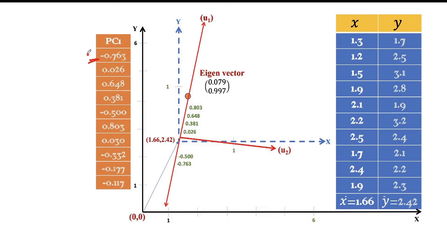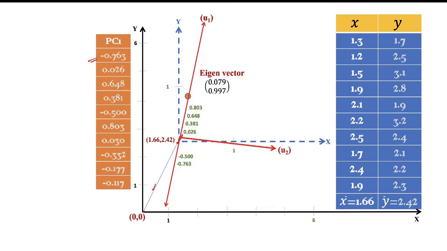The first point is minus 0.763. To put the components of PC1 on the eigenvector, we need to find the origin. If I extend this line a bit forward, the point where it crosses becomes the origin of the unit vector.